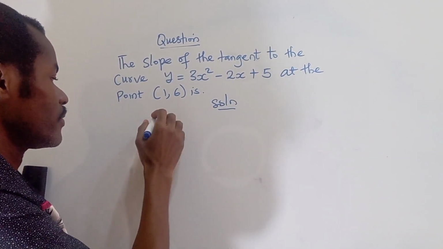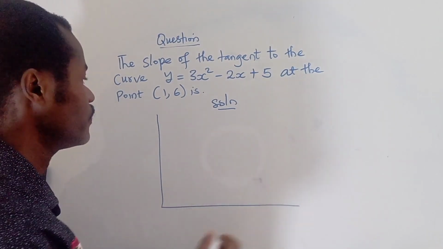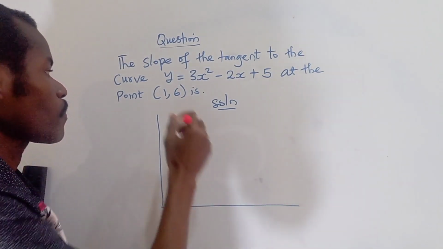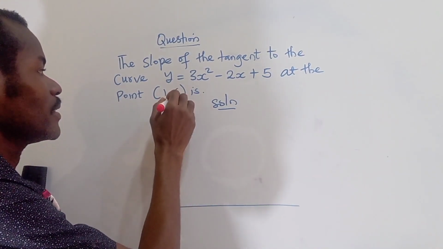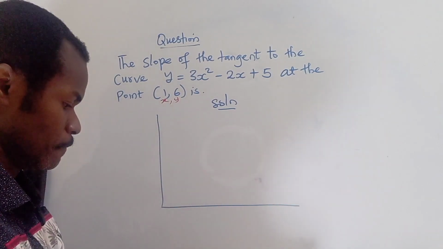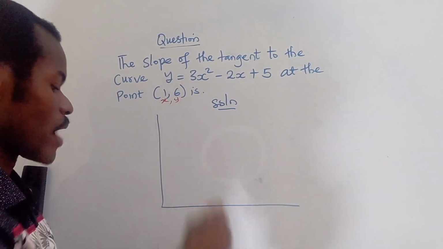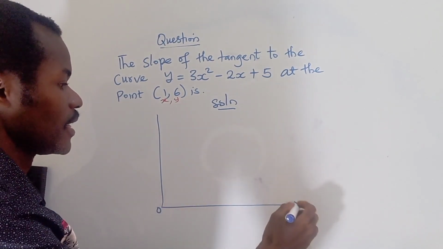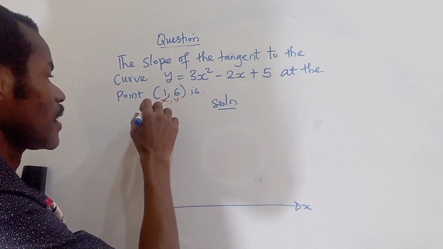Let's say this is our graph. Whenever you're given a point (x, y), you want to start with x and represent it with x before y. So we have this as 0. Let's call this the x-axis and this the y-axis.